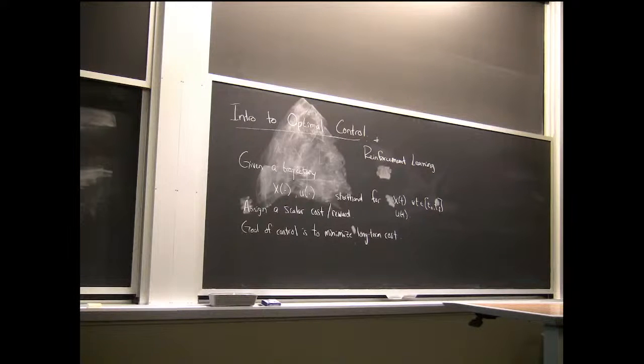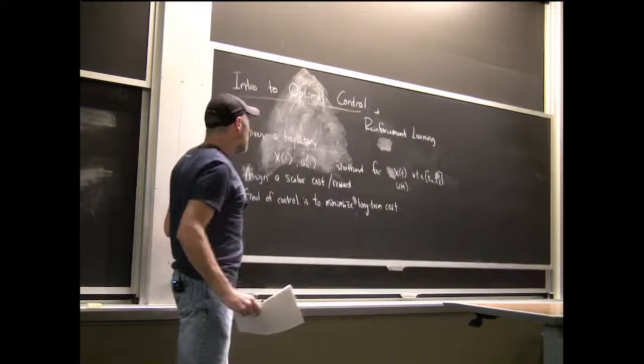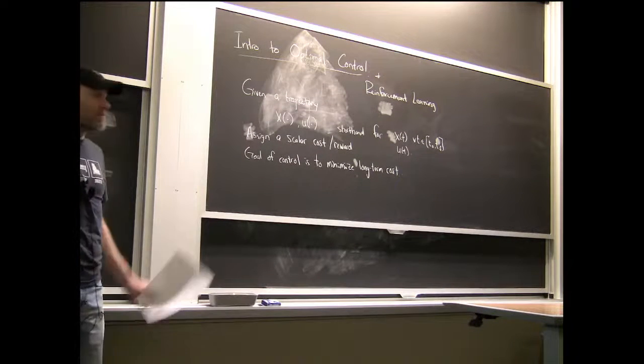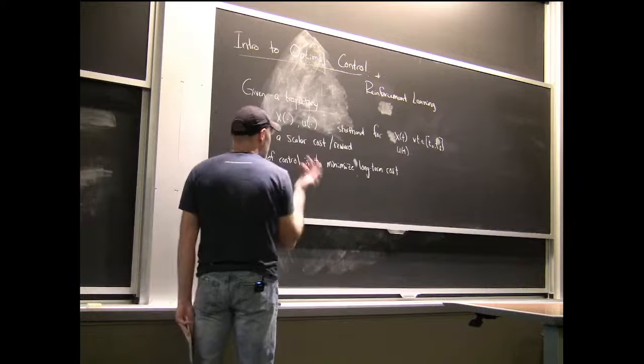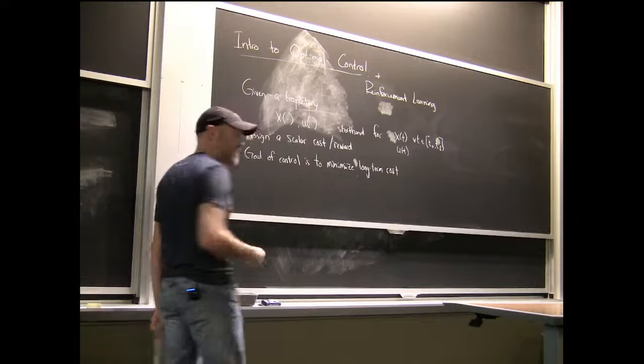I will use the language of cost. I'm more of a controls person, I guess. So that's the basic problem statement: you give me a trajectory, I'm going to calculate a score every time you run it. You can call it a cost or you can call it a reward, and I'm going to optimize that score.